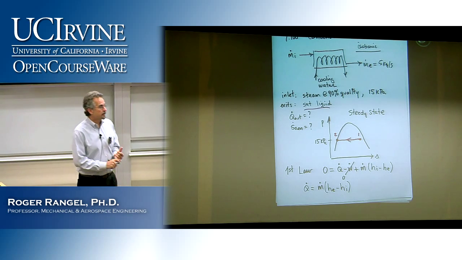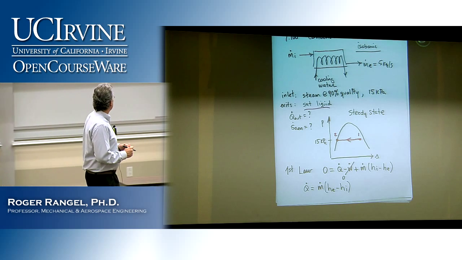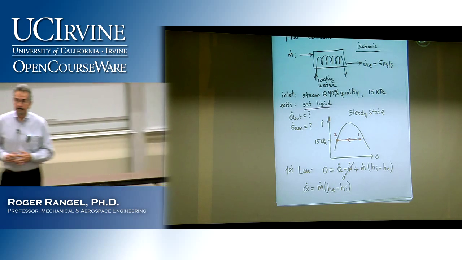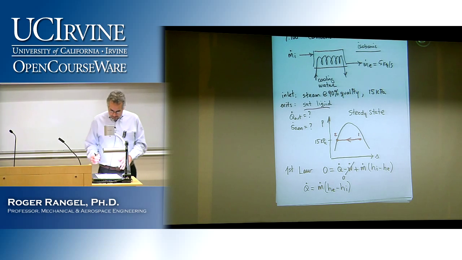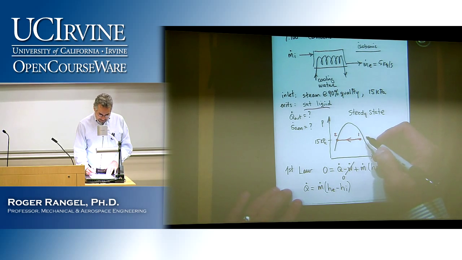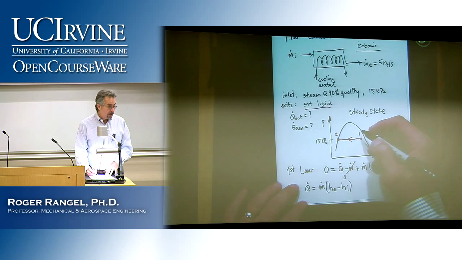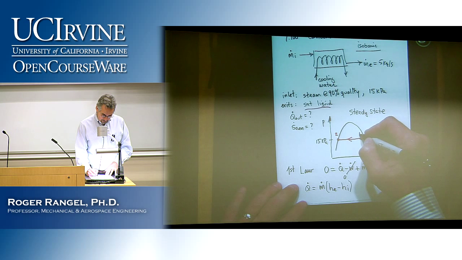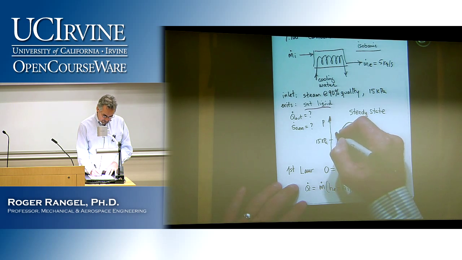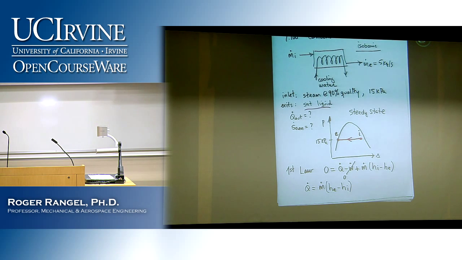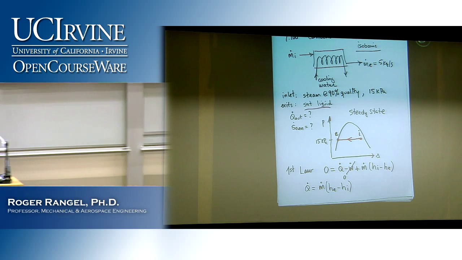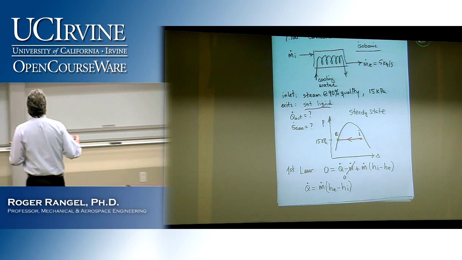M dot was given, and H sub E and H sub I you can find easily. I call them here 1 and 2, but to be proper, you want to switch that to I and E, but it's a minor thing. Just to have consistency in the notation, I and E instead of 1 and 2. But I can calculate both.